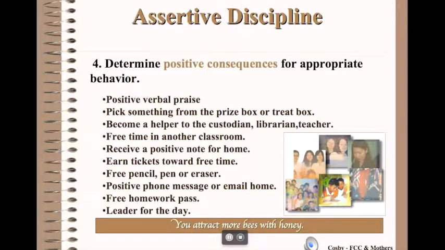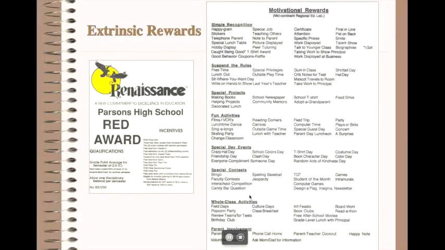You know, there's no good that comes from constant punishment and harassment. Extrinsic rewards work, and usually negative comments don't. But look for things, and your text has a good 100 of them, that might be possible extrinsic types of rewards that you could give your kids for positive behavior.